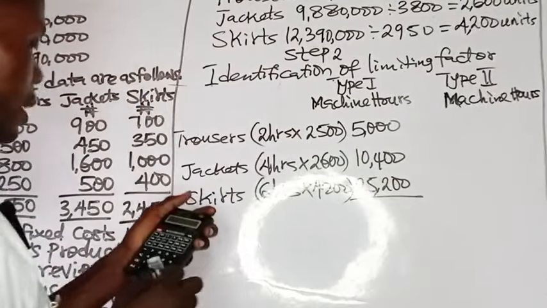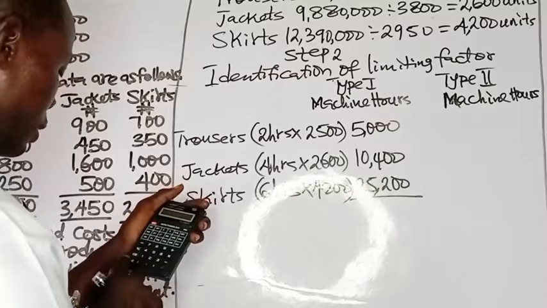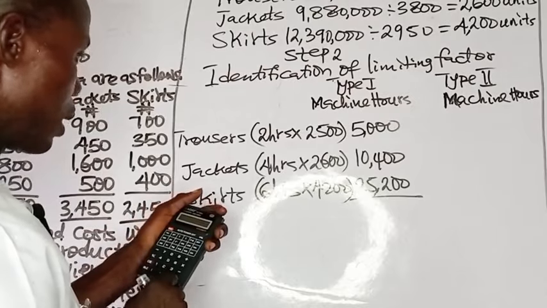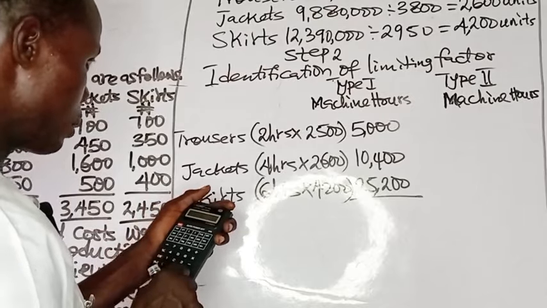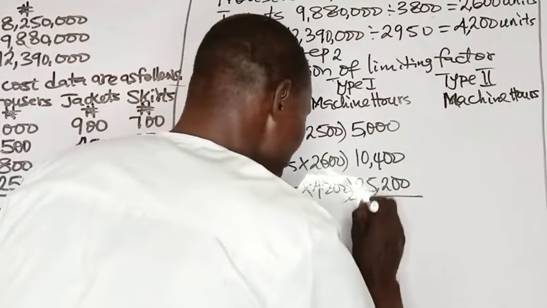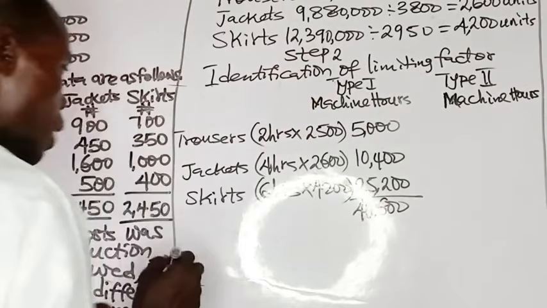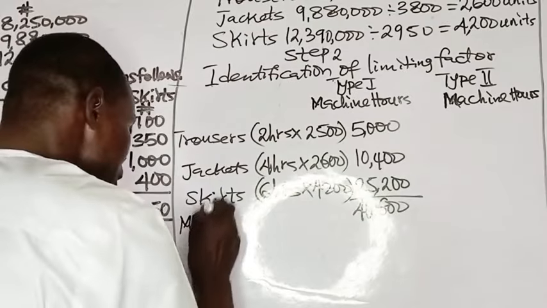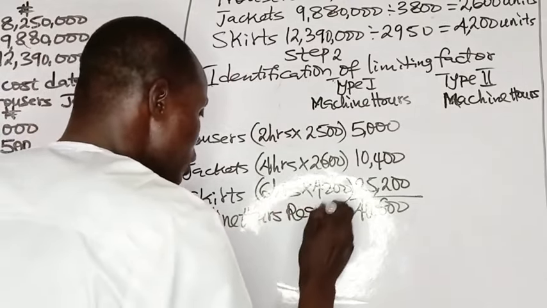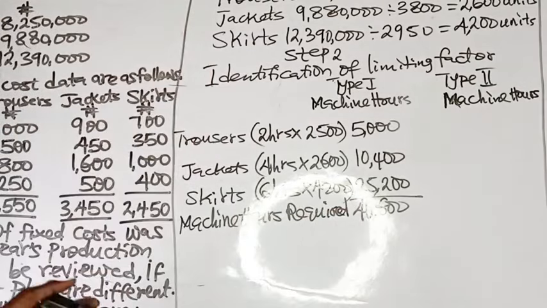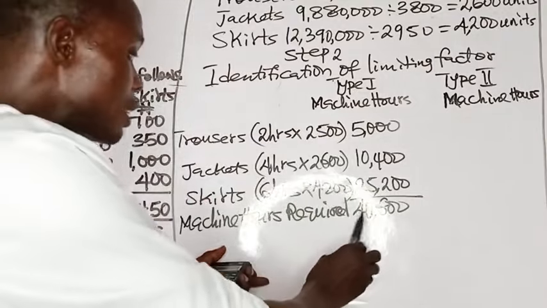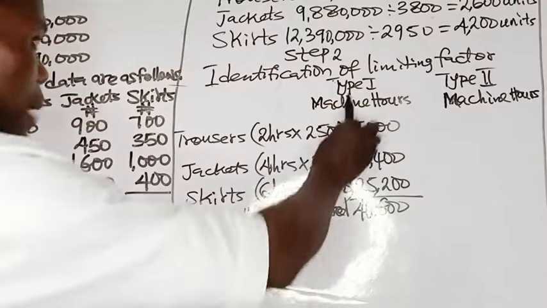So if you add it together, 25,200 plus 10,400 plus 5,000, you have 40,600. This is the machine hours required. To be able to produce the units demanded, you will require 40,600 type 1 machine hours.